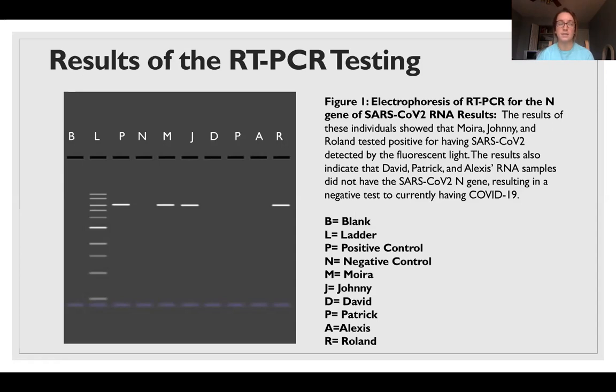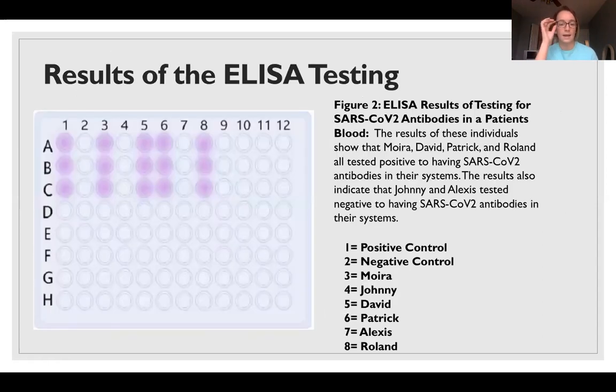To see if they had it in their body, just not currently, we use the ELISA test. Now we can see the little plates I've been talking about, and the brighter colors, and again the positive control, what comes up when it's positive.